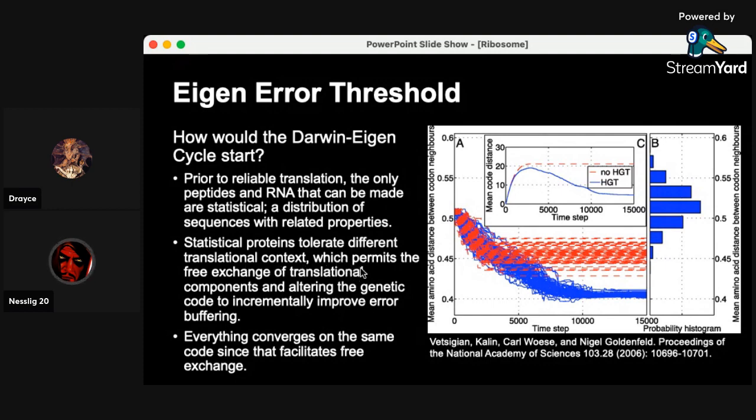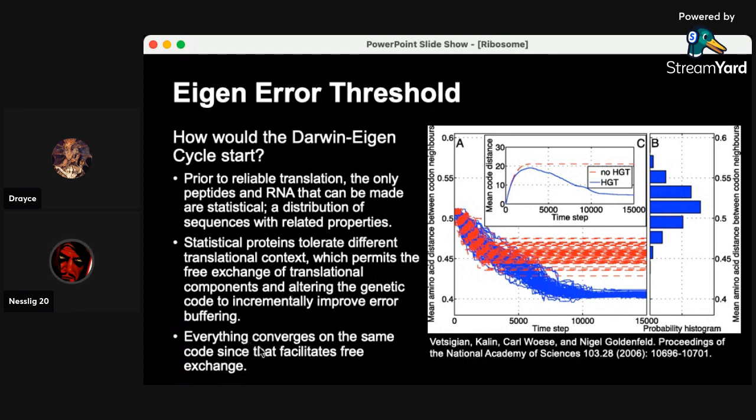And this statistical nature permits the free exchange of translational components and altering the genetic code to incrementally improve error buffering over time. And since this free exchange, or horizontal gene transfer, between components to improve the overall process is beneficial, everything converges on the same genetic code.